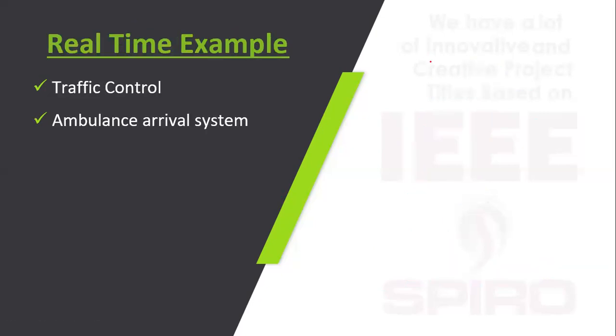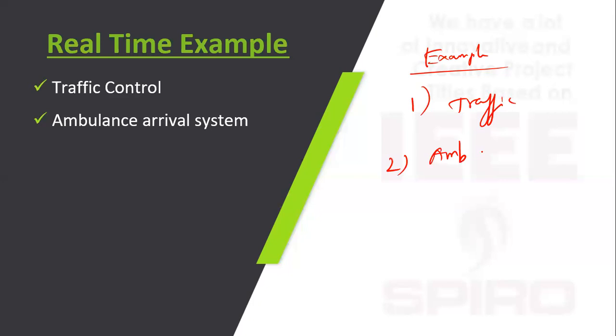Examples where we are using RSSI: first one is traffic control, second one is ambulance arrival system, third one is school zone, fourth one is digital monitoring, etc. And then the final conclusion.